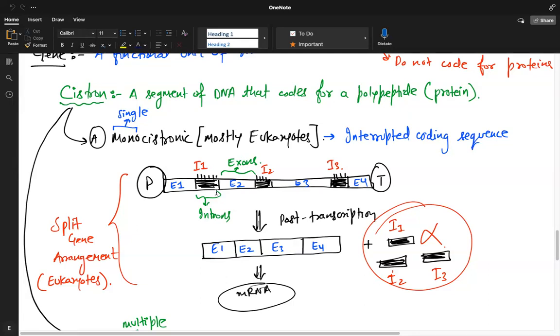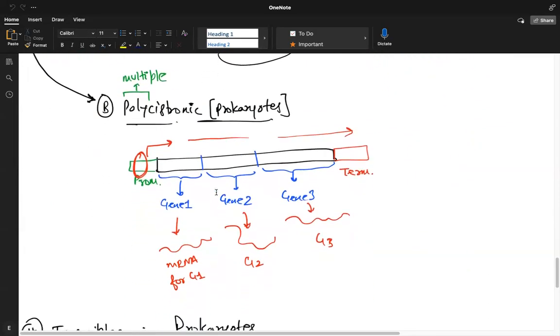Whereas prokaryotes, bacteria, are very simple. They have a polycistronic structural gene arrangement. And what is polycistronic? Iram has joined us. Iram, would you like to help Alia here and talk about polycistronic arrangement? Are you there, Iram?